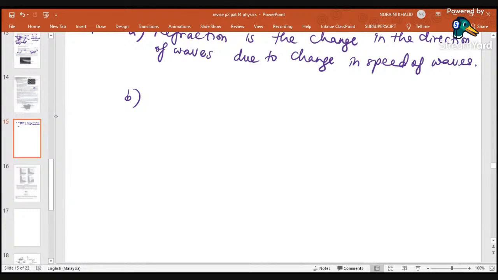Okay. So the first one maybe you explain about the depth of water. Y is shallower than X. Okay. Let's see. Y is shallower than X. Why?